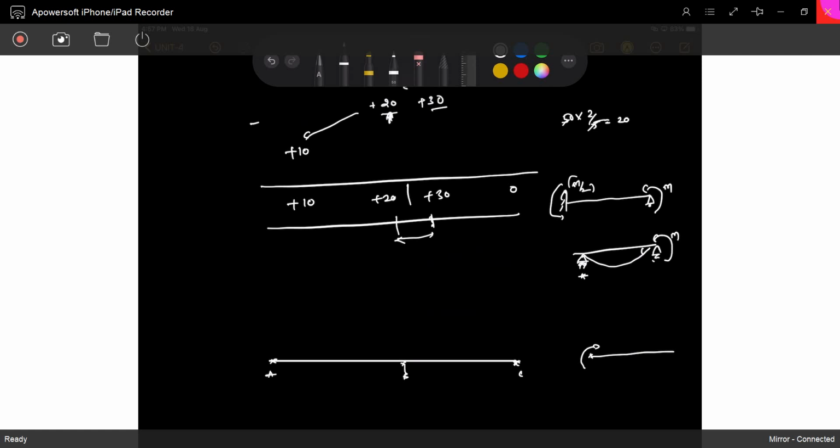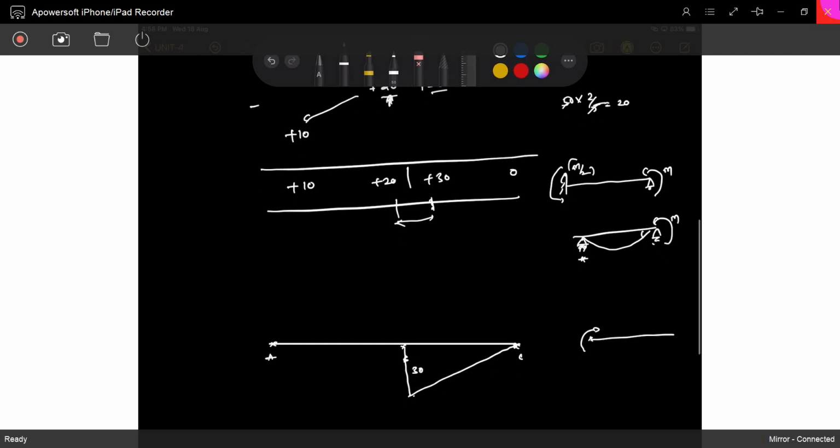You can write it as 30. Again, it's a plus 20. So this is A, this is B, this is B, this is C. This is again clockwise. So again clockwise, you have to reckon this is 20. This has 10. It is positive again. You can write it like this.